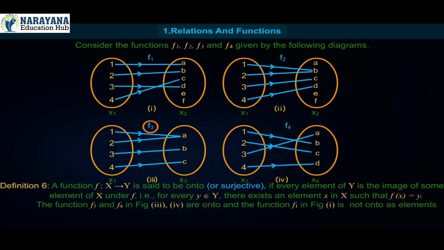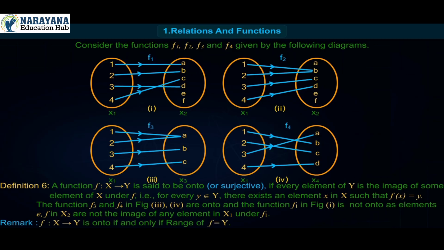The functions f3 and f4 in figures 3 and 4 are onto and the function f1 in figure 1 is not onto, as elements e, f in X2 are not the image of any element in X1 under f1. Remark: f from X to Y is onto if and only if the range of f is equal to Y.